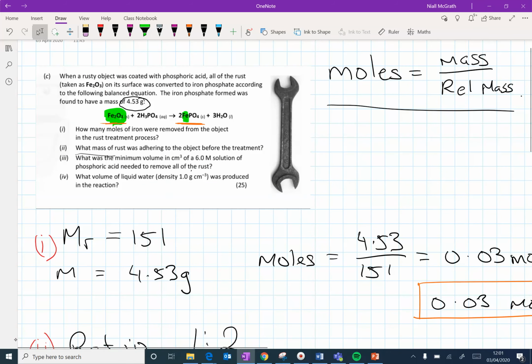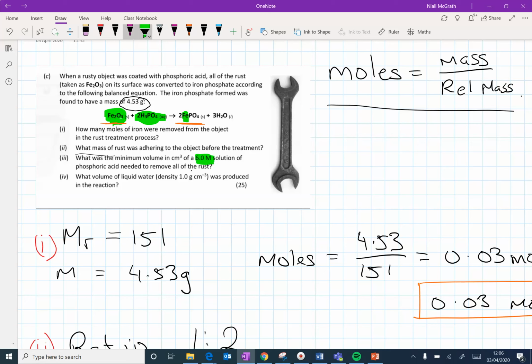So now if we move on to part 3, what is the minimum volume in centimetres cubed of a 6 molar solution of phosphoric acid needed to remove all of the rust? Your phosphoric acid is this 2H3PO4. We want to find the minimum volume required, and we know the concentration.